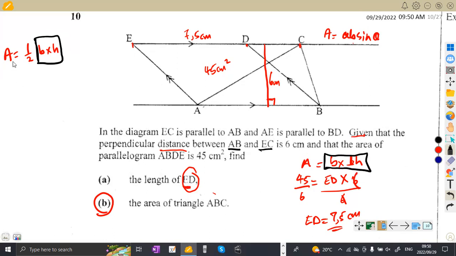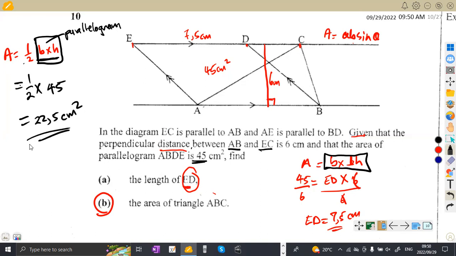So the area of a triangle is simply half the area of a parallelogram. So you're simply finding half the area of the box that is already there. We are given that the parallelogram has an area of 45. So half of 45 becomes the area of the triangle, simple like that. So it's going to be 22.5 square centimeters.